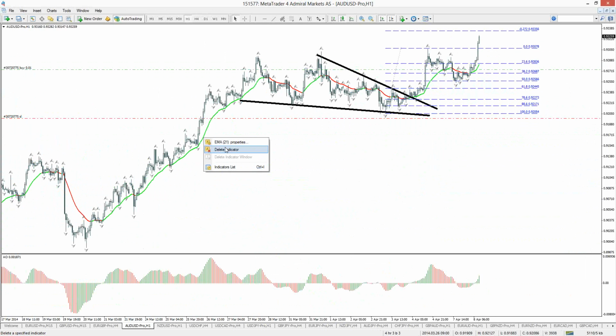So if you really only want one and not more, then I'll probably use the 21, if I had to choose. Of course, the fib numbers, logically, are my main focus, most of the time, with regard to moving averages.